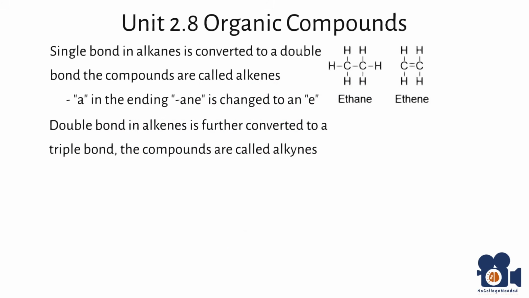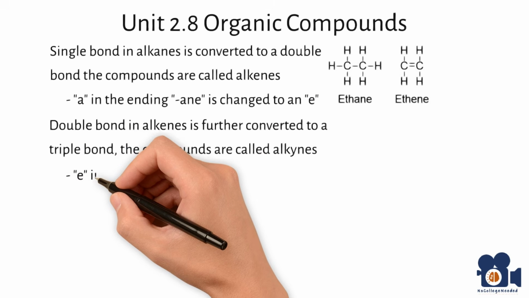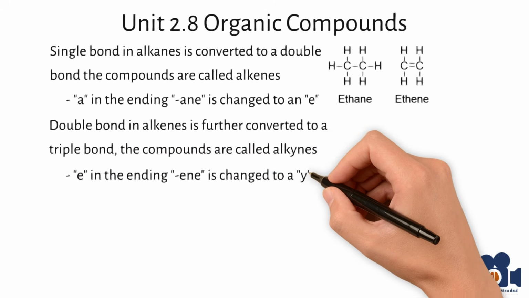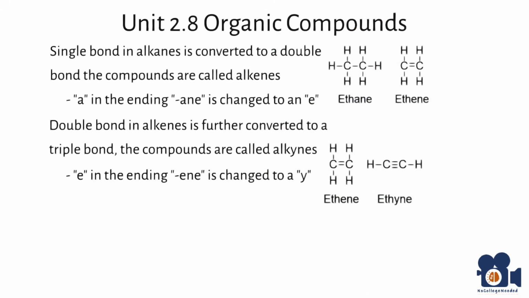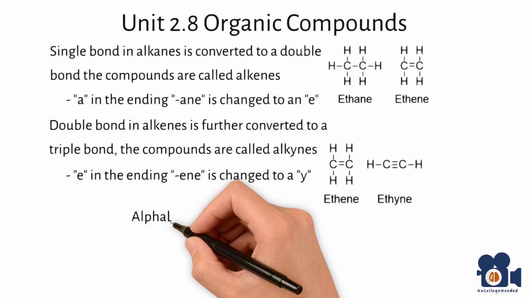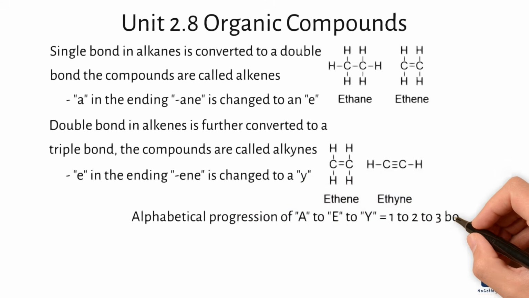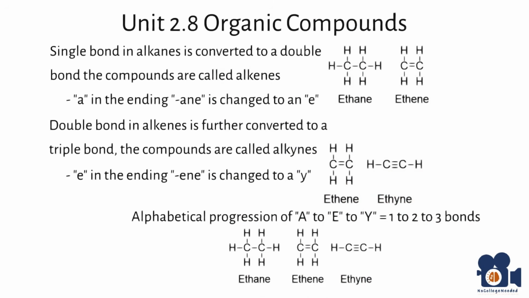In the alkynes, the E ending in ene is changed to a Y, while the rest of the name remains unchanged. The alphabetical progression of A to E to Y, when going from 1 to 3 bonds, is a helpful mnemonic for remembering the changes in the endings of these hydrocarbon classes.